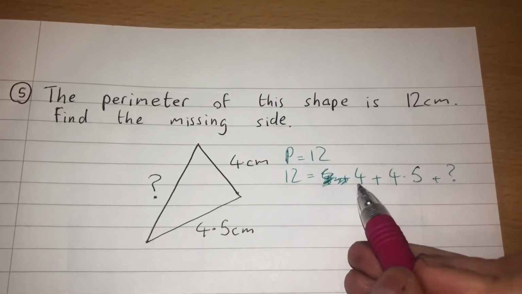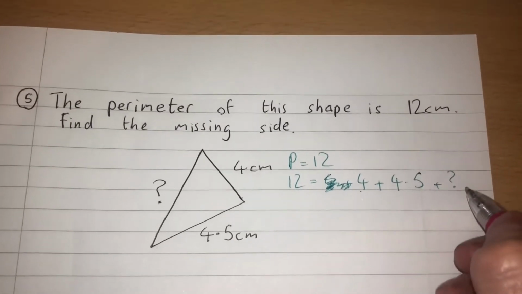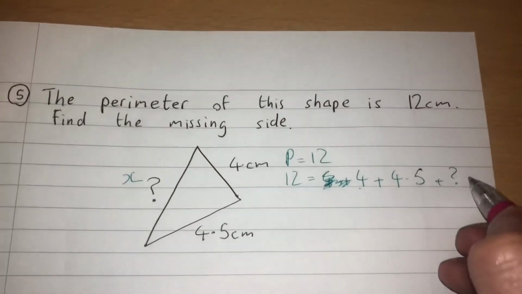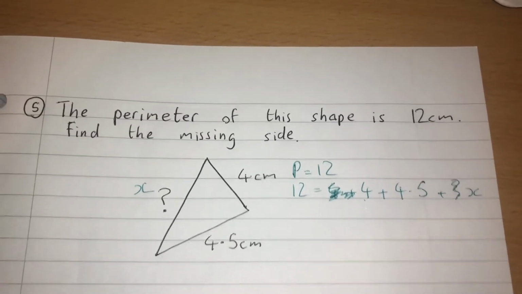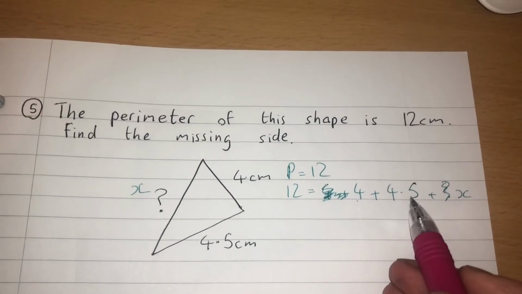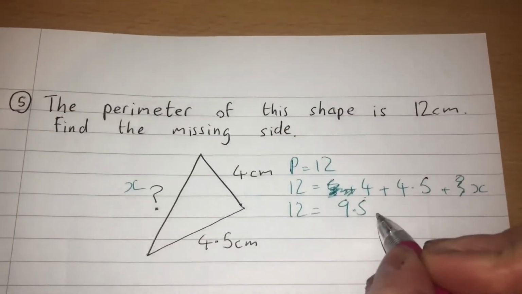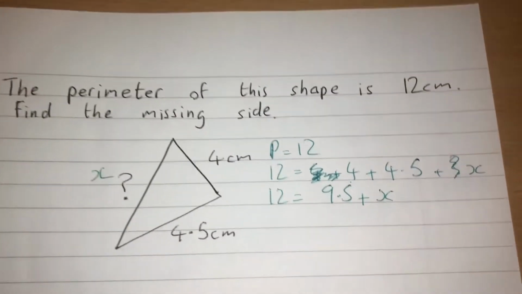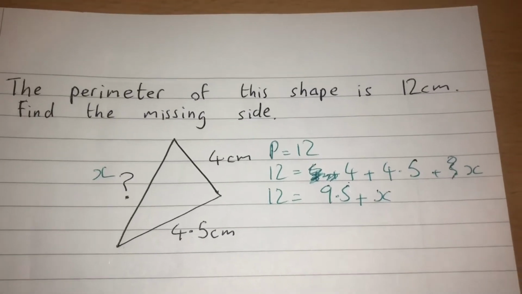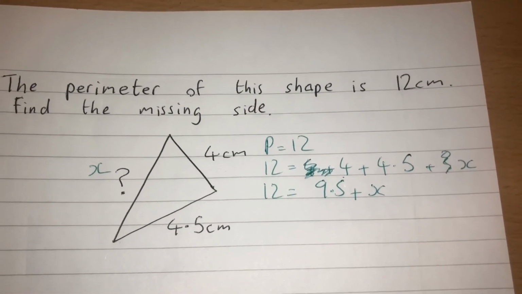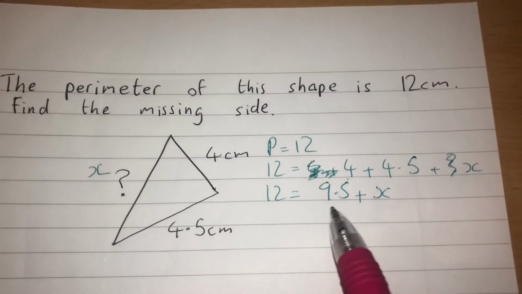It's simply realizing that 4 plus 4.5 plus the missing side, and we'll call it x for now, again using some of the stuff that we've learned around algebra. 4 and 4.5 is 9.5, so in this case I have set up a simple equation. If you think back to the videos around solving equations, it's a very simple one-step equation.